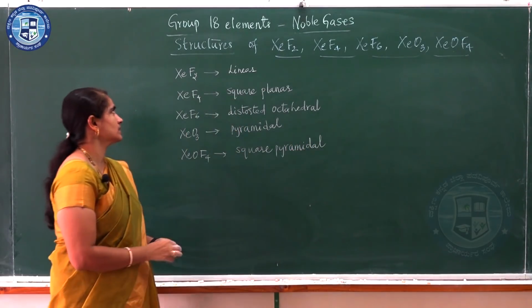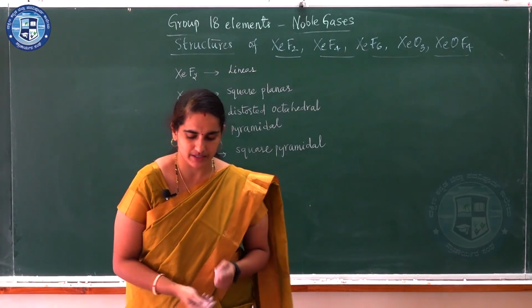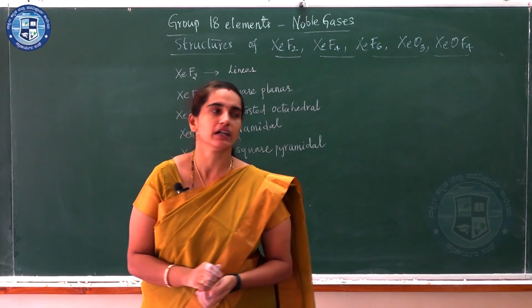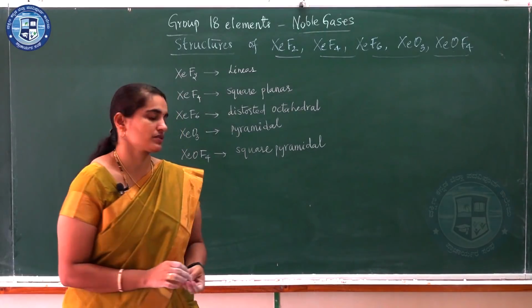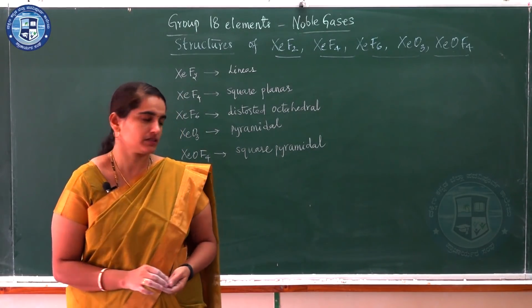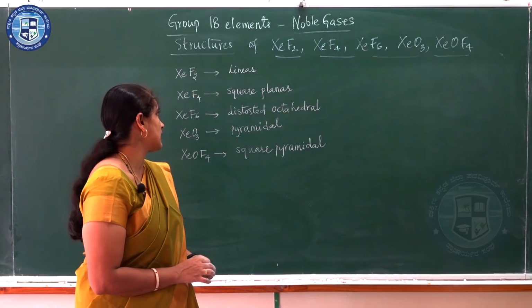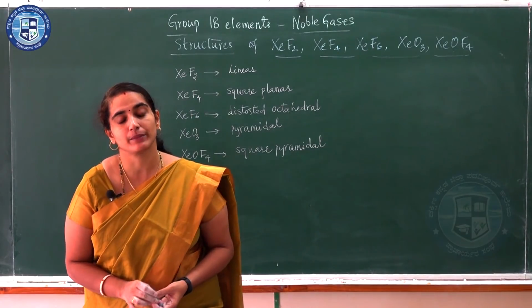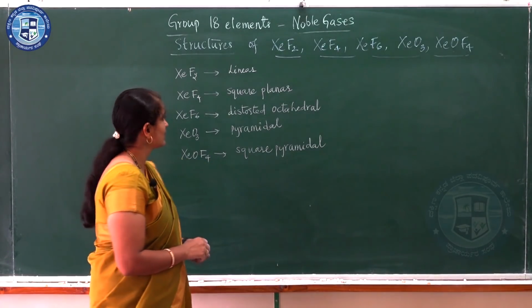Okay, so these are the general structures, that is XeF2 linear, XeF4 is a square planar, XeF6 is distorted octahedral, XeO3 is pyramidal and last XeOF4 is a square pyramidal.